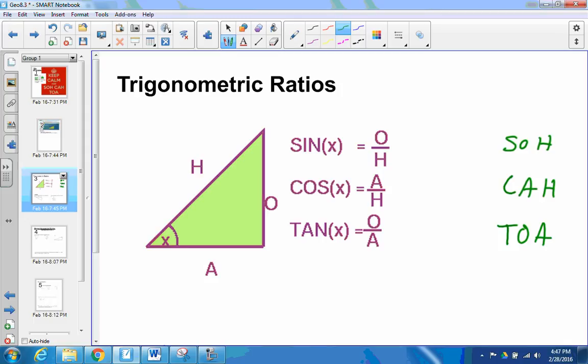So the SO comes from the sine of an angle. Remember, this x is always an angle. O, H, and A are always side lengths. O is opposite, H is hypotenuse, and A is the adjacent side.